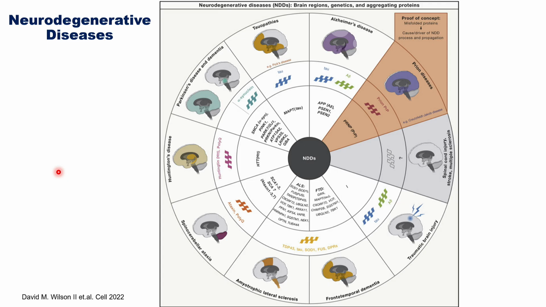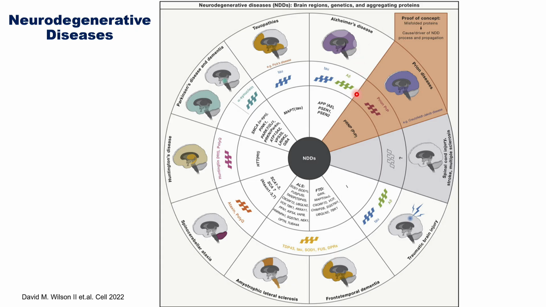Those components include neurons and some parts like glial cells, oligodendrocytes, all those things. There are some genes established for some of the diseases, like for Alzheimer's.